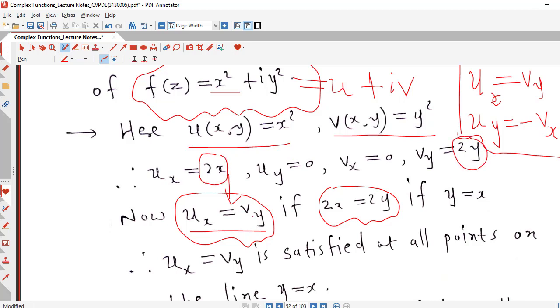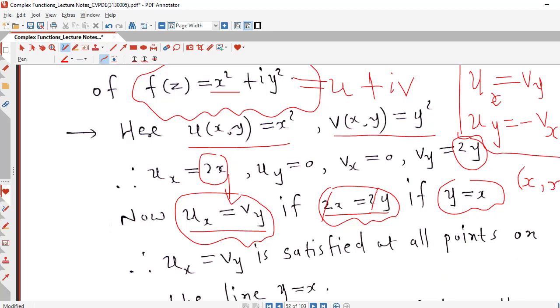So ux and vy are equal if 2x and 2y are equal. And because 2 is non-zero, we can cancel out 2. So this is true if x equal to y. That means del u by del x and del v by del y are satisfied at all those points x, y for which x and y are equal.